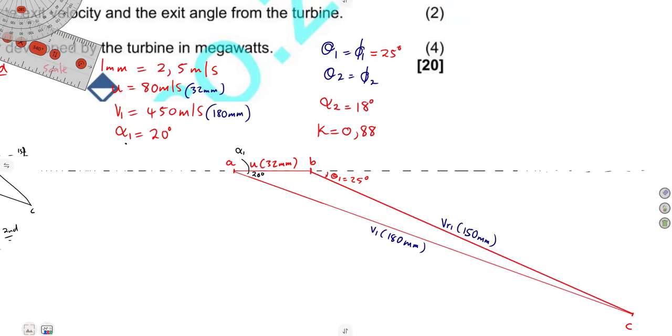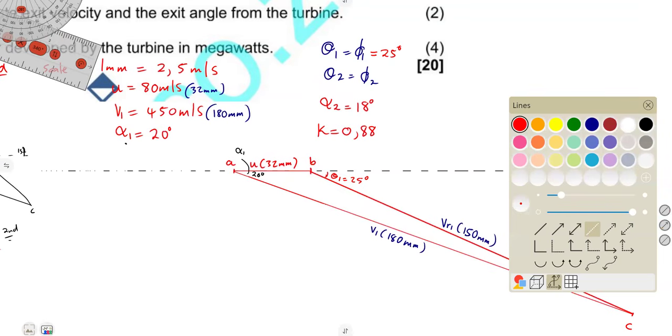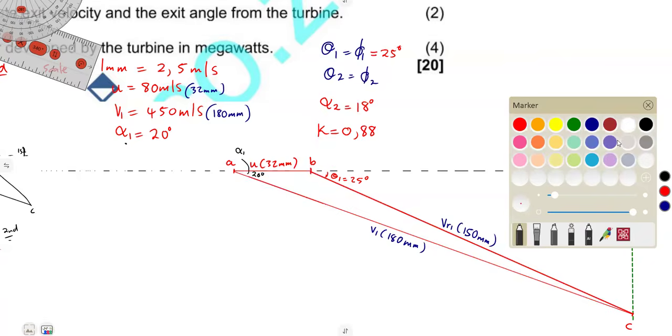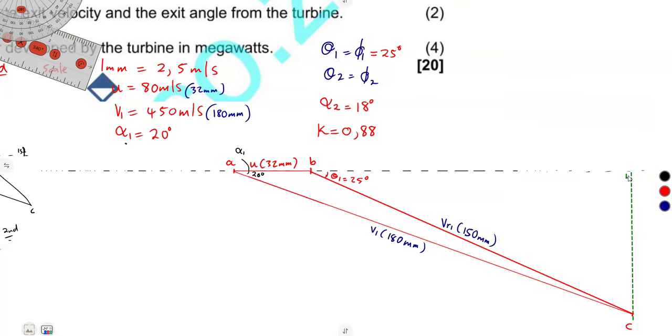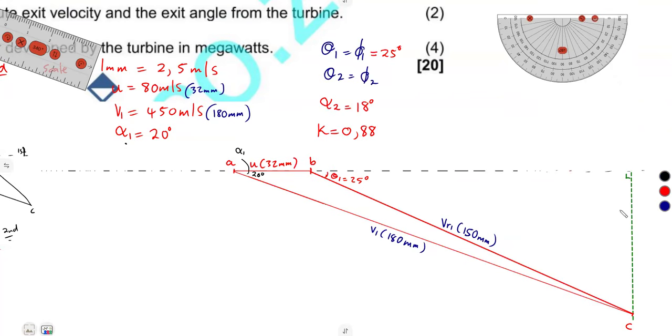Again, we can see that from point C, we can actually have this flow velocity, a perpendicular drawn from that point C. So you're going to have the perpendicular from C, it must be perpendicular to this horizontal line. Make sure, guys, it is perpendicular. And you do measure that. You simply take this one at 90 degrees, it must give us exactly at C. That's what I'm saying, perpendicular.